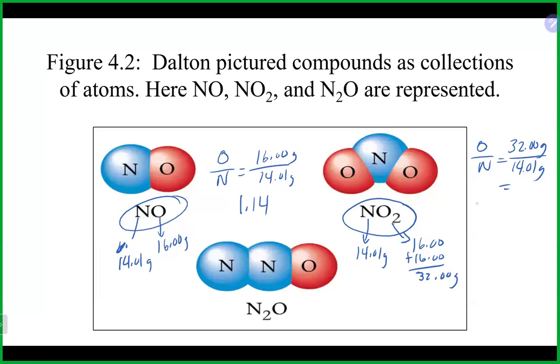And that's going to give you 2.28 in terms of its ratio. We got twice the oxygen in this one as we do this one. If you take this 2.28 divided by 1.14, that's going to give you a difference of 2. So they always come together in a whole number ratio.